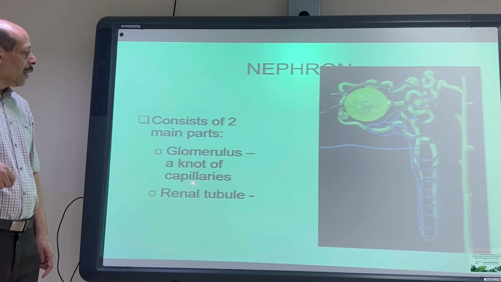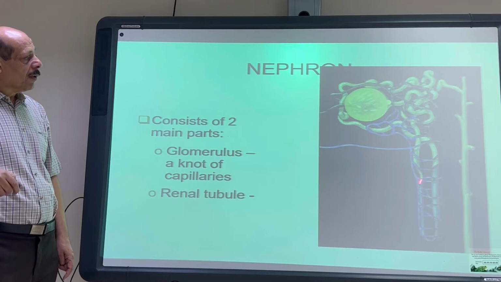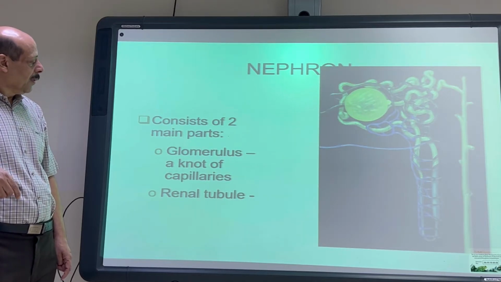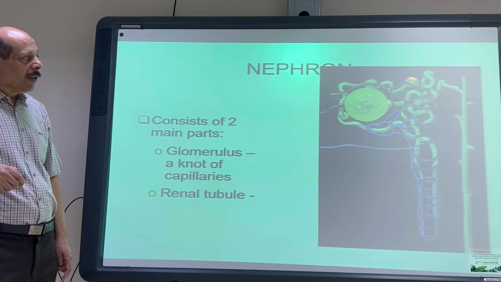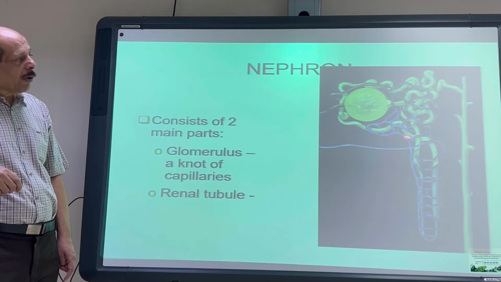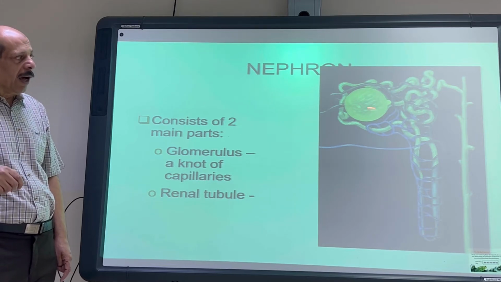Then there are the renal tubules. So the nephron consists of the glomerulus and long tubes coming from it.